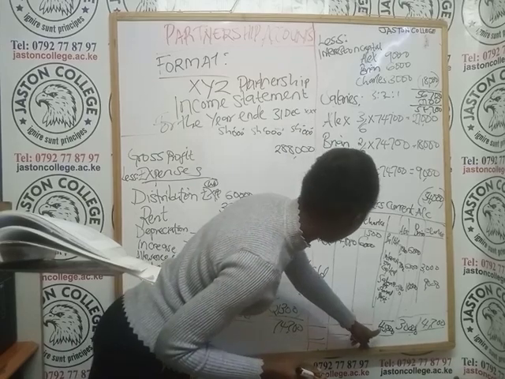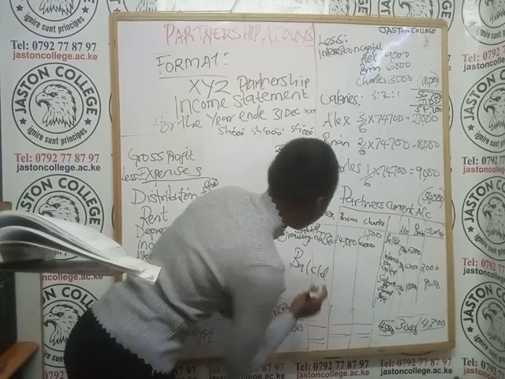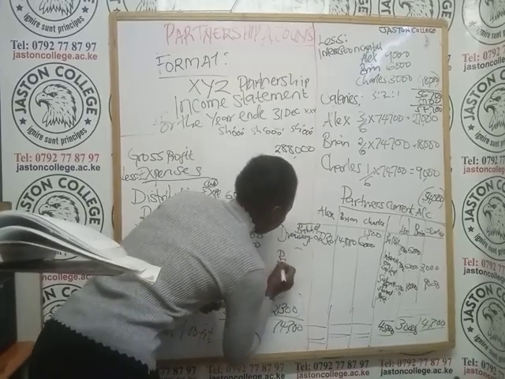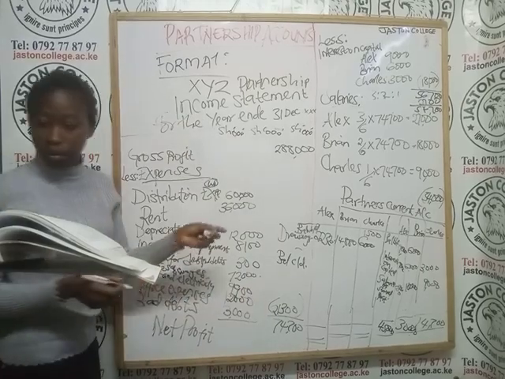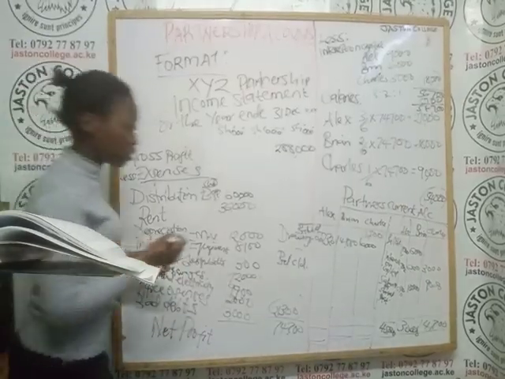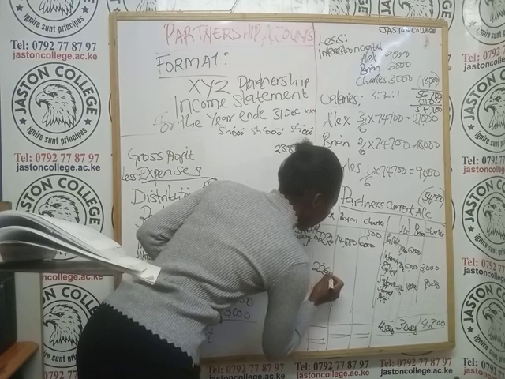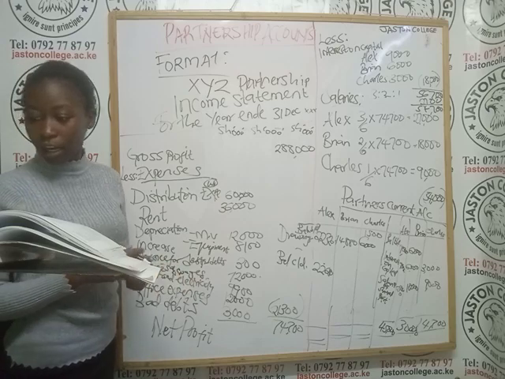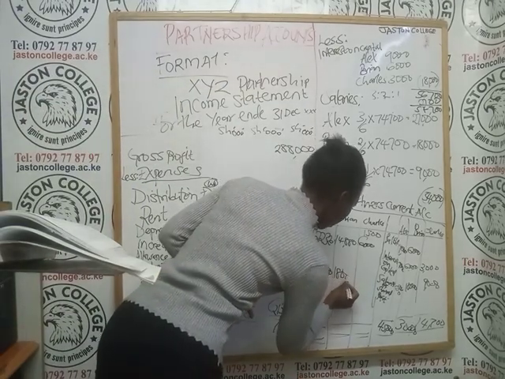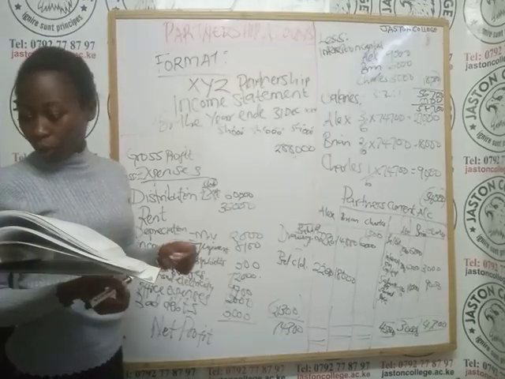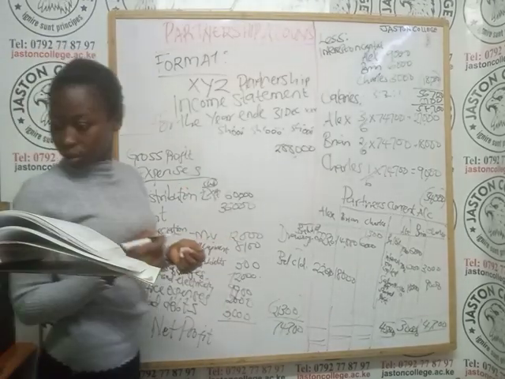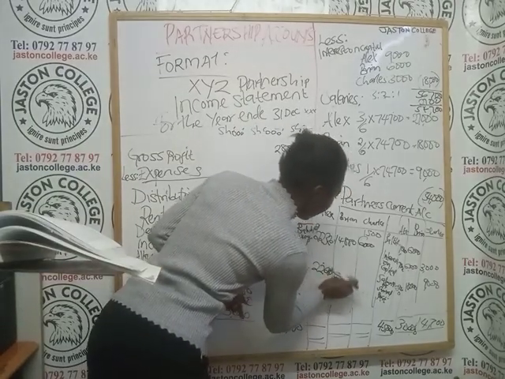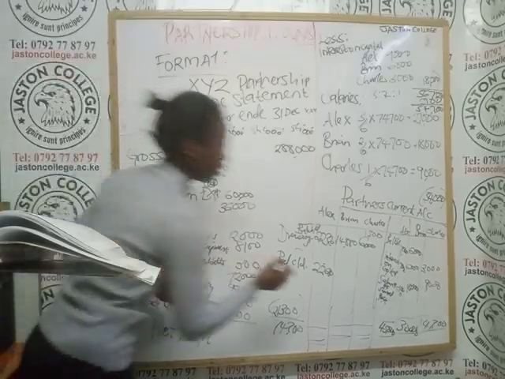We take 45,000, we less 22,320. Balance carried down. We will get our answer, which is 22,680 for Alex. Then for Brian we will get 15,120.